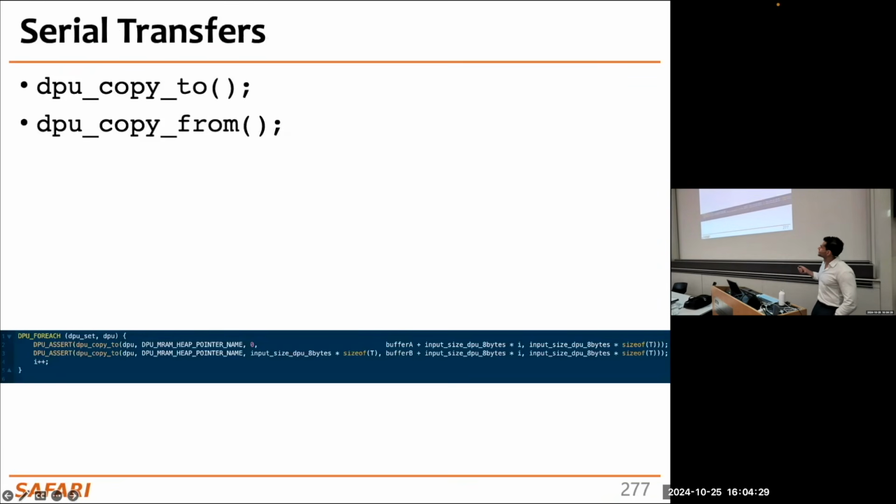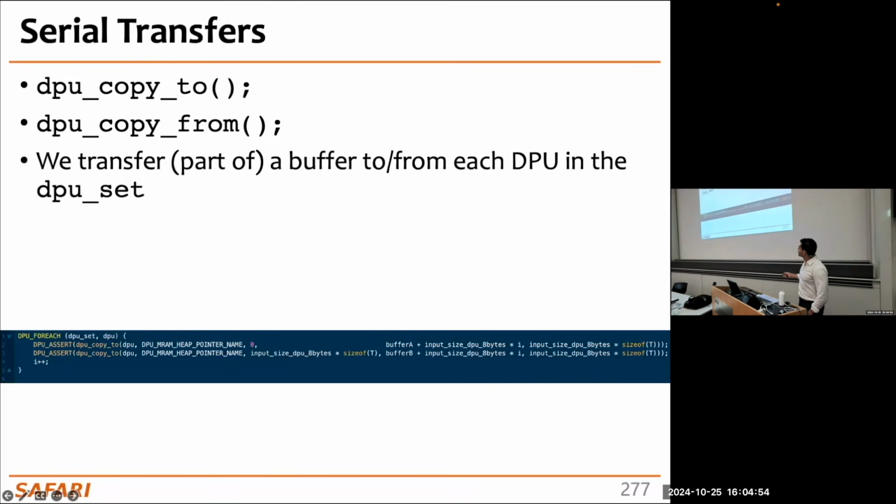For you to use the serial data transfers, the API that you're going to use is the DPU copy to and DPU copy from, depending on the direction. DPU copy to copies from the host to the DPU, and DPU copy from copies from the DPU to the host.